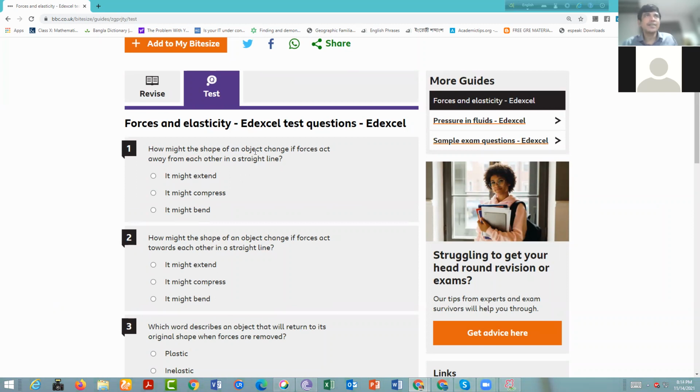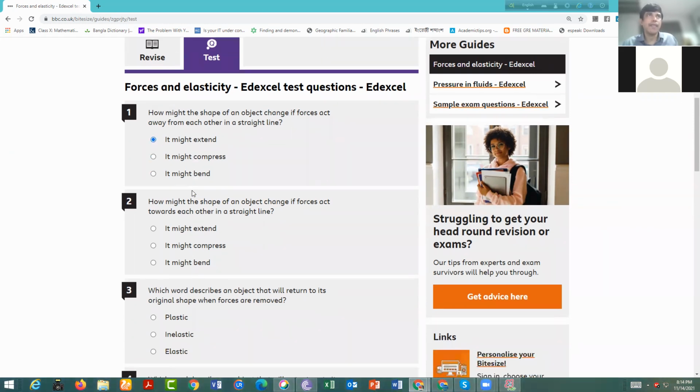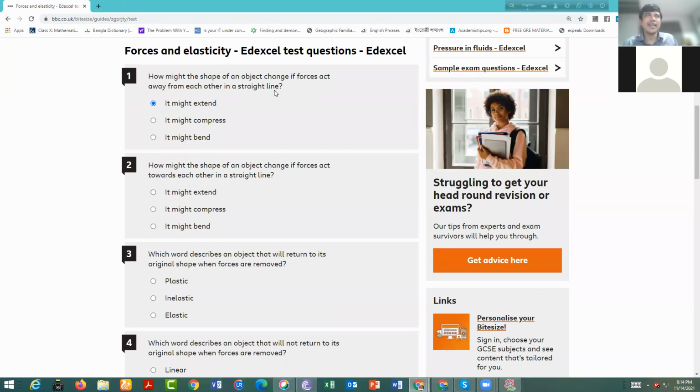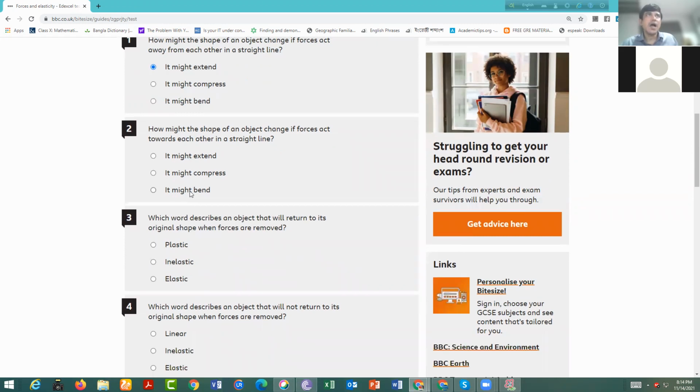How might the shape of an object change if forces act towards each other in a straight line? It might compress.